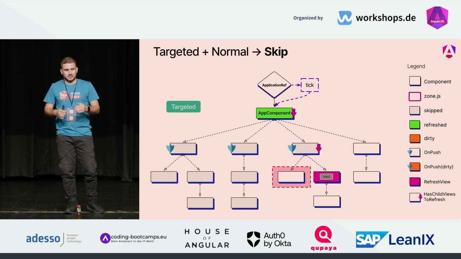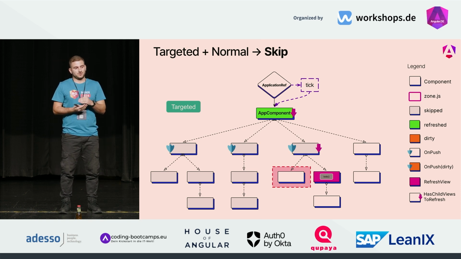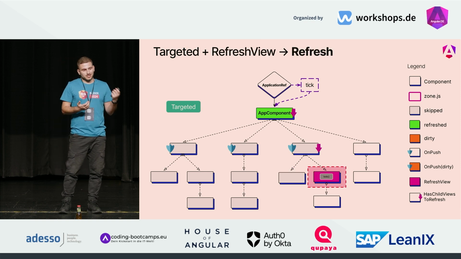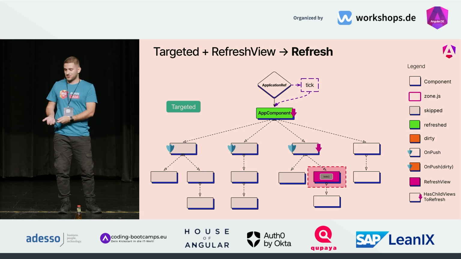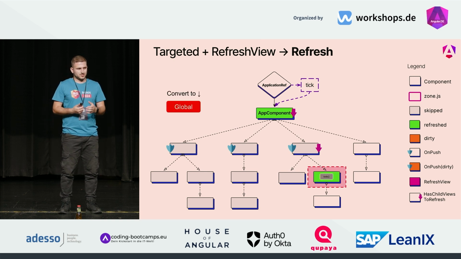Now we traverse down to the children and we are in targeted mode, but with normal change detection. We said that in targeted mode, we only update refresh view. So this one, sorry, we'll have to skip. Now we are in targeted mode and refresh view. What we do here is we refresh. And every time that Angular refreshes some refresh view, it goes to global mode again.